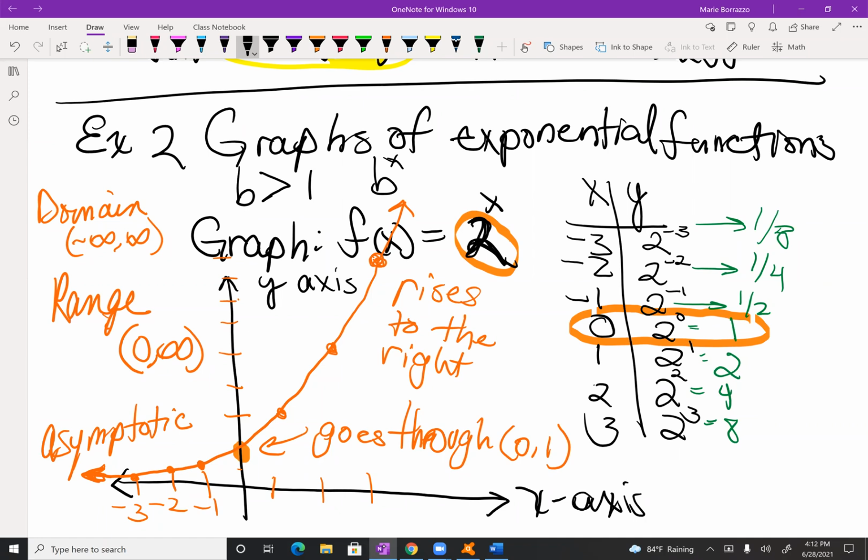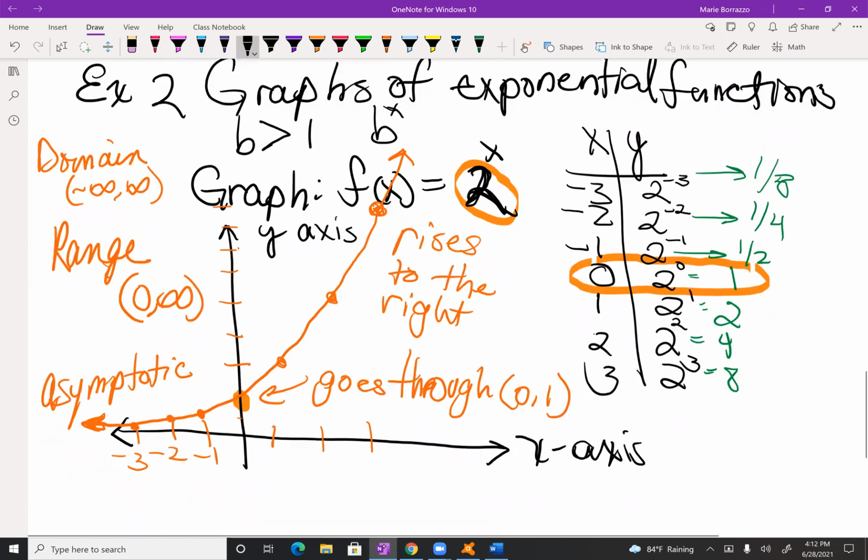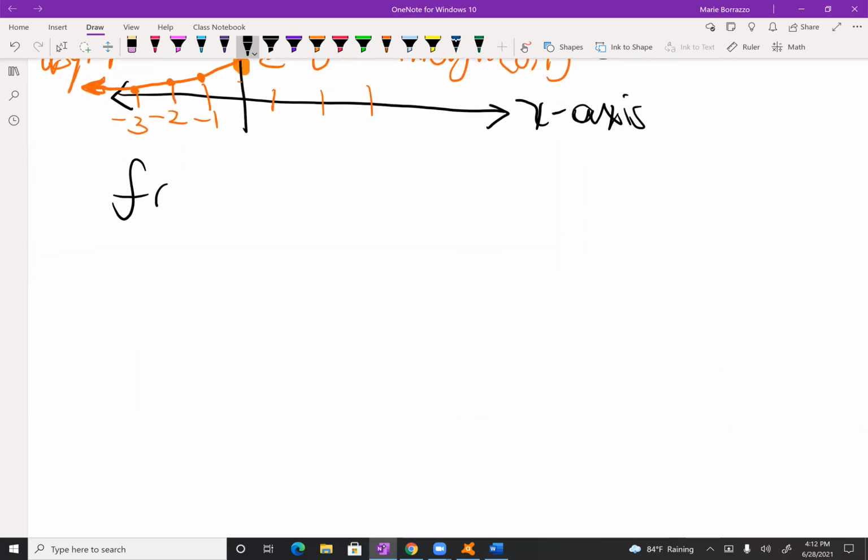Not necessarily, it's just a base. I could give you another question, for example, and I could say to you, if I have f of x is equal to 3 to the x, that is the base, and that is raised to the x. Oh, okay, cool. Yeah. I get it now. Thank you. So the base is always, in this case, your main number.